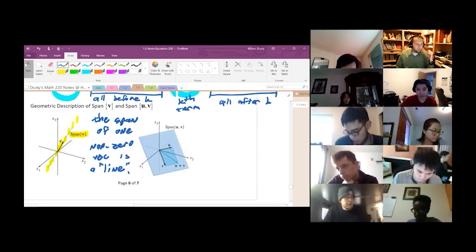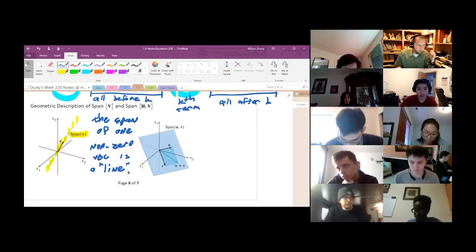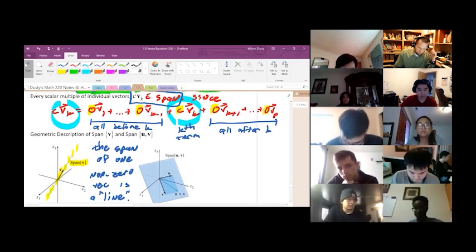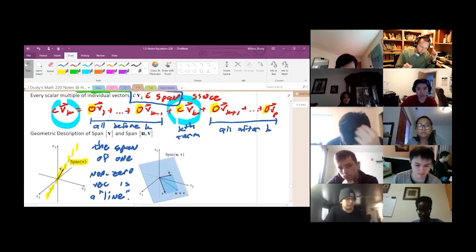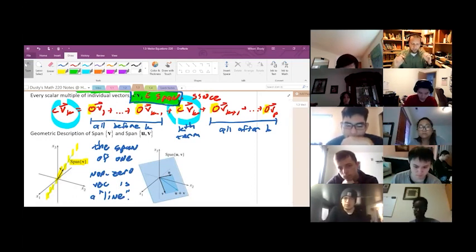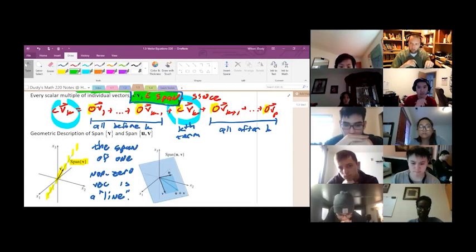Megumi asked, could I explain once more why the scalars are all 0? I think this is a reference to up above. We have that CVK is in the span. So what that means is that we can make CVK out of V1, V2, V3, all the way to VP with a linear combination of them. And so our question is, how much of V1 is there? How much of V2?